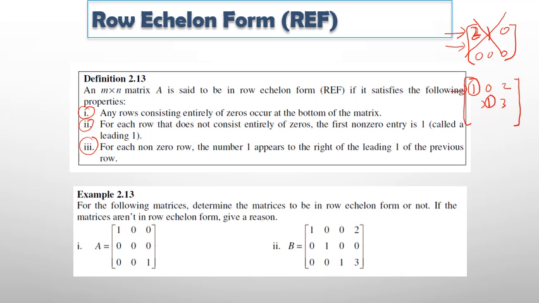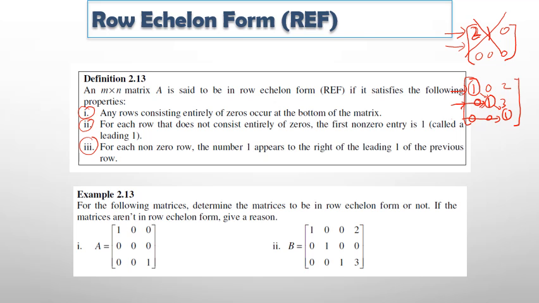It cannot be here, because that is just below. It must be to the right, not just below the leading one. If there is another leading one, it should be here, it cannot be here. Meaning it must appear to the right of the previous leading one, so you see it appears to the right. So that's it, the 3 properties.